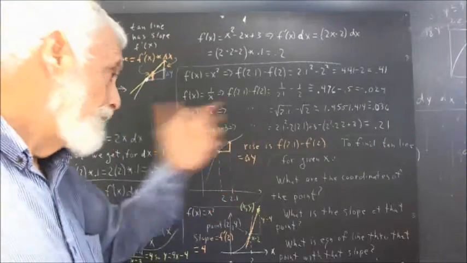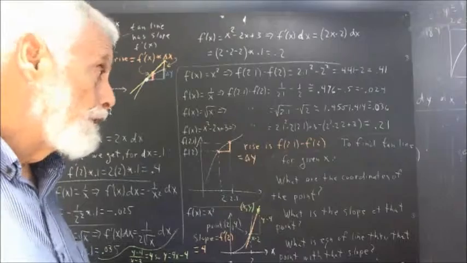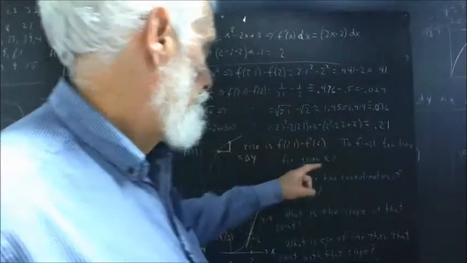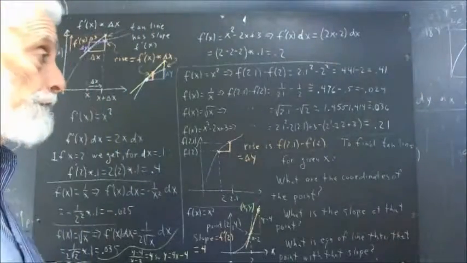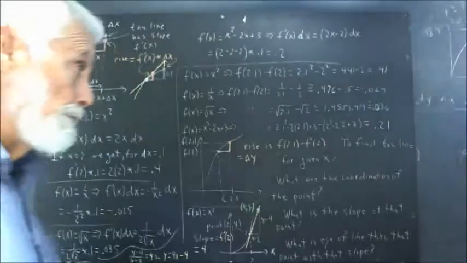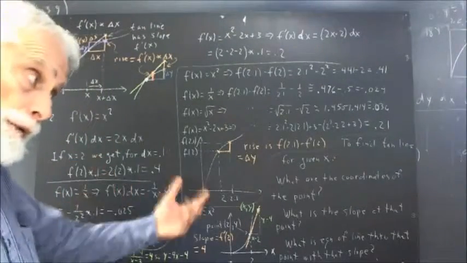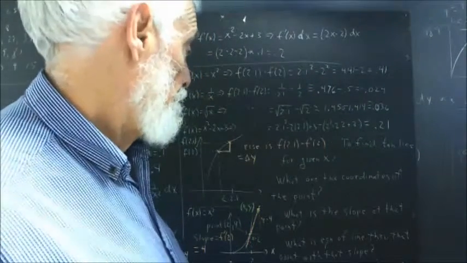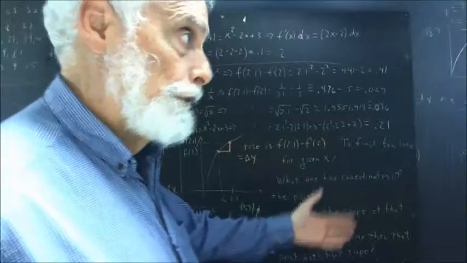Now, the next problem that we want to look at asks us to find the equation of the tangent line for the given x. To find the tangent line, I gave a three-step procedure just to review this. We've done this earlier in the semester as part of our review.